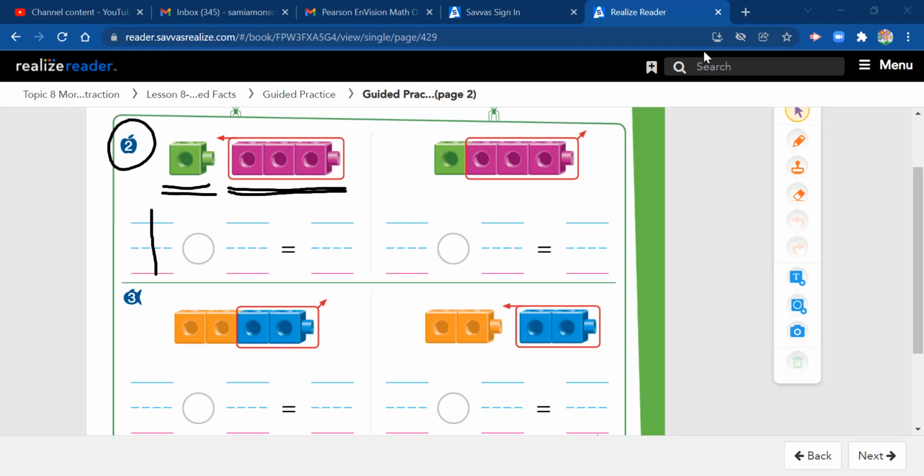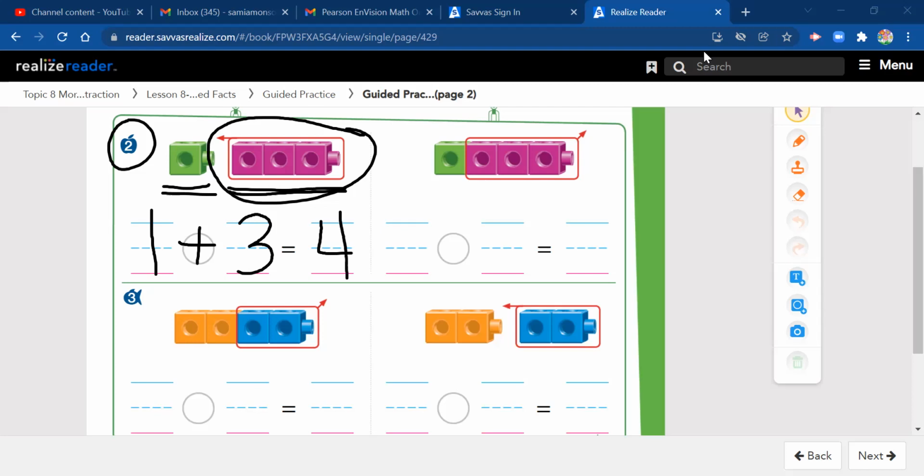Look at the arrow. What is it telling you? It is telling us that we are adding the purple cubes. So 1 plus 3 equals how many? 4. Good job.